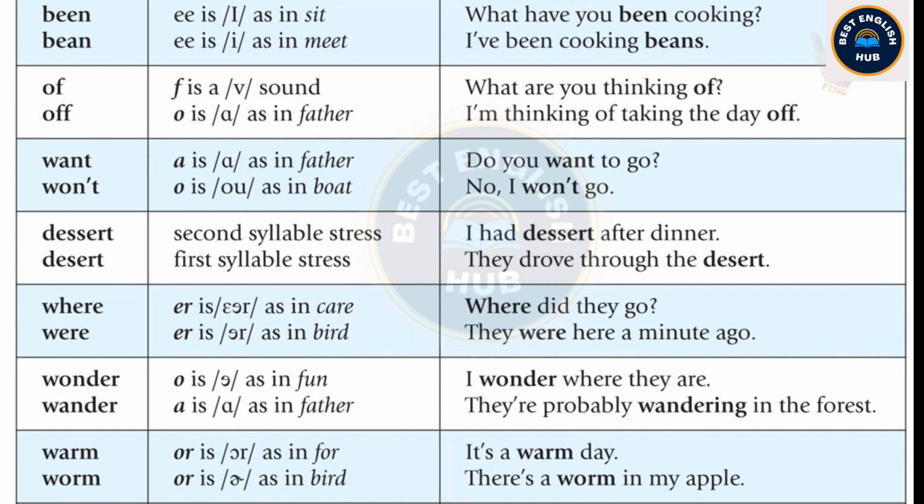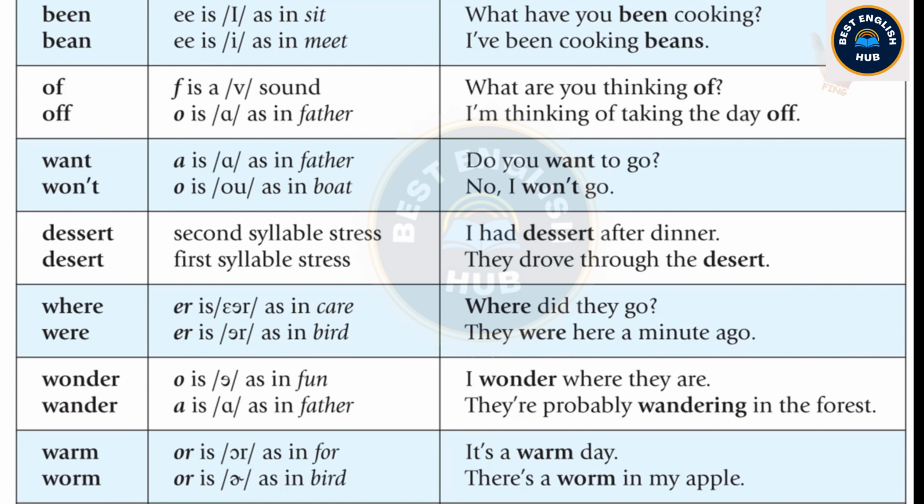What have you been cooking? I've been cooking beans. Of, off. What are you thinking of? I'm thinking of taking the day off. Want, won't. Do you want to go? No, I won't go.